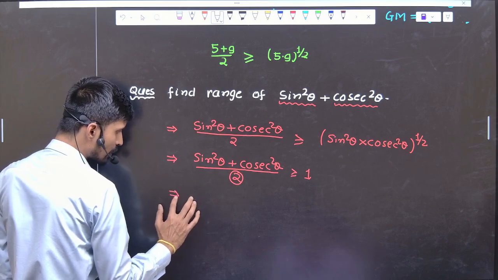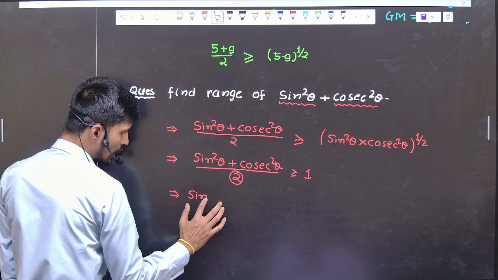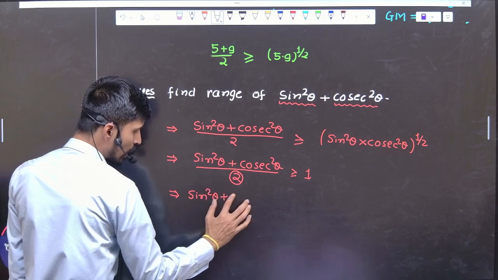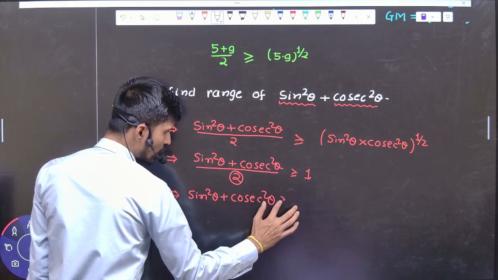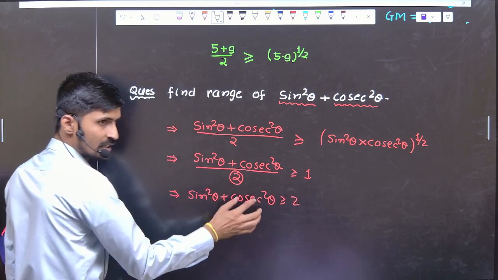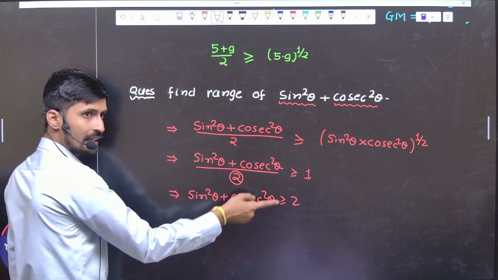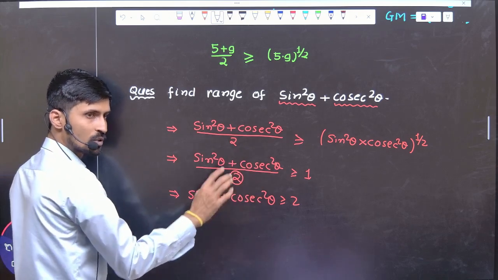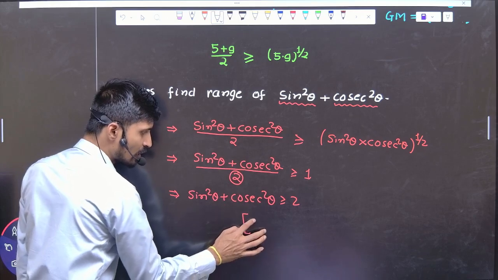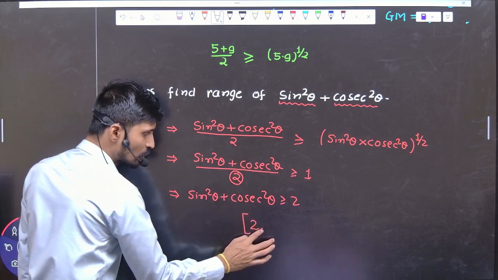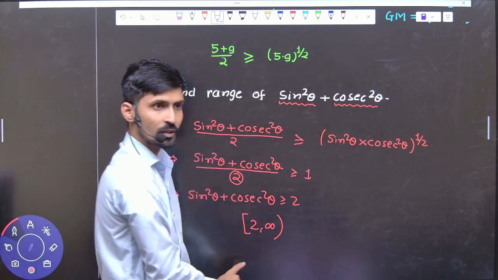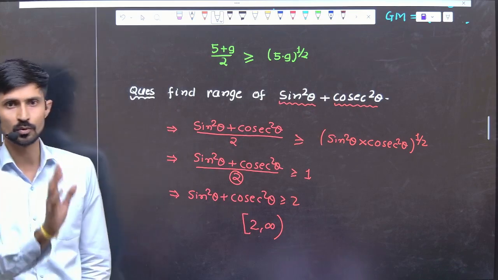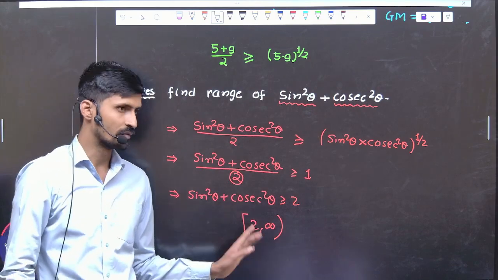And this will become sin square theta plus cosec square theta greater than or equal to 2. It means this value will be either greater than 2 or equal to 2. So closed bracket 2 to infinity. This value will always be greater than or equal to 2. So the range became 2 to infinity.